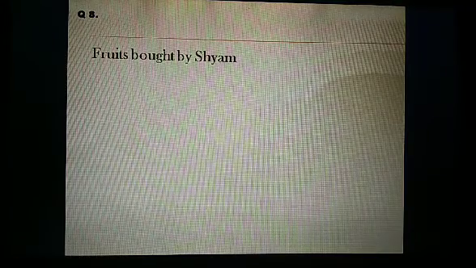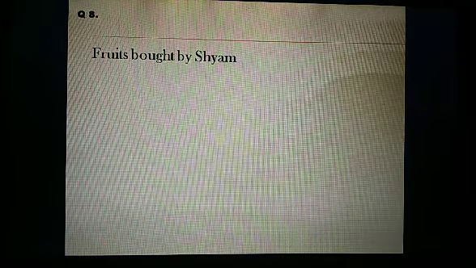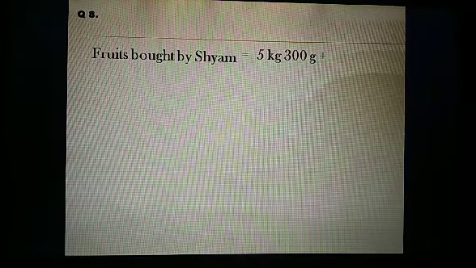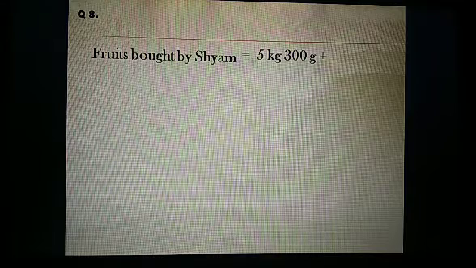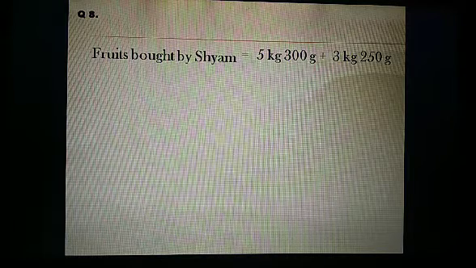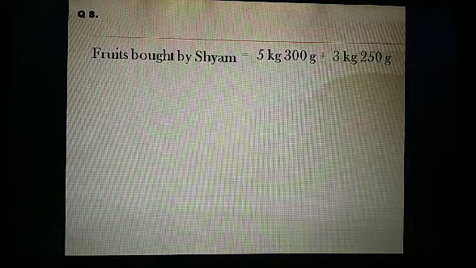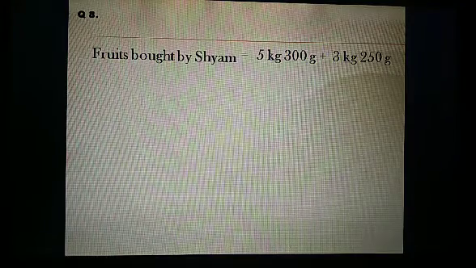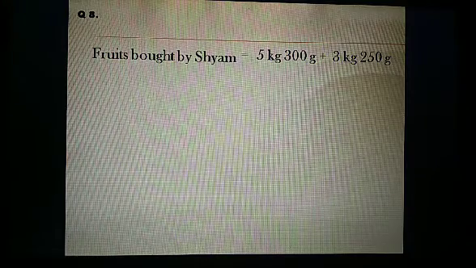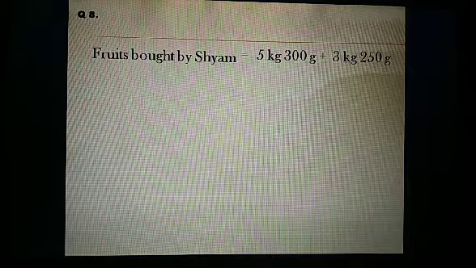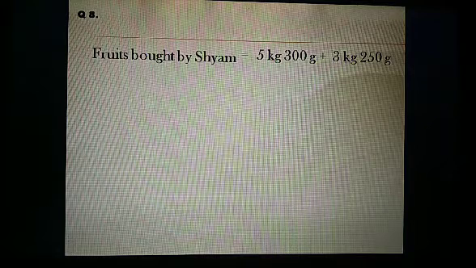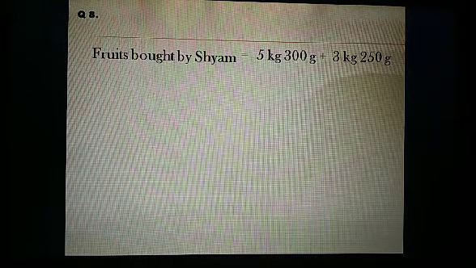As per the first sentence, the fruit bought by Shyama is first 5 kg 300 gram apples and second 3 kg 250 gram mangoes. Now when you add, either you can use the units as they are or you can convert this into a decimal number first by converting the smaller unit to the bigger one.